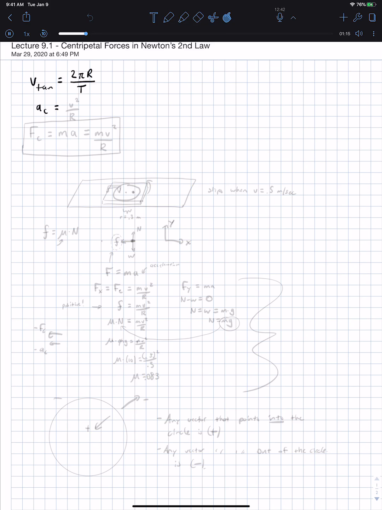The centripetal acceleration was v squared over the radius. Finally, we talked about what causes an acceleration. Well, forces do. So we have the centripetal force, which takes the place of the net force, and that's equal to ma, which is now m v squared over the radius.